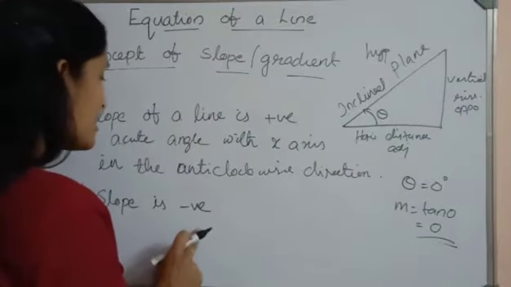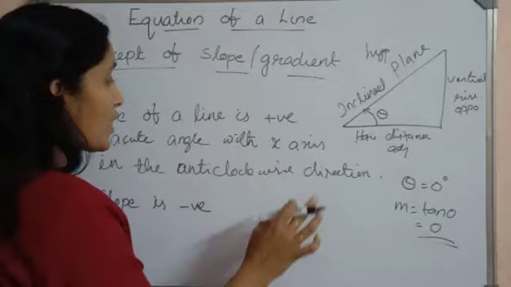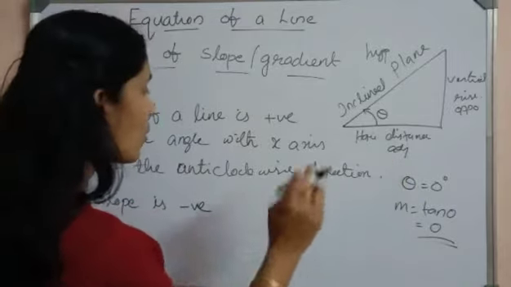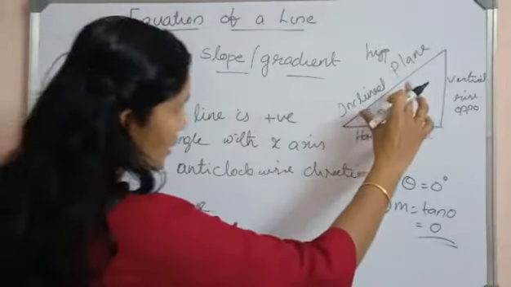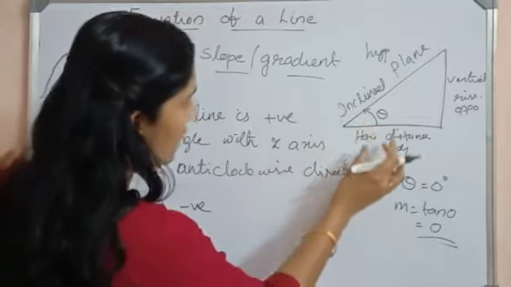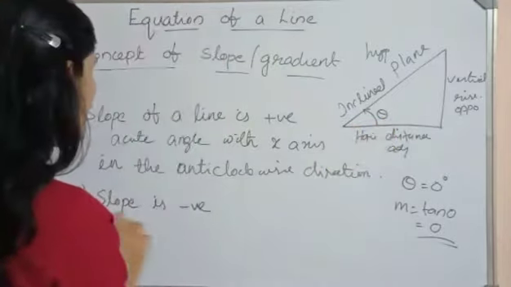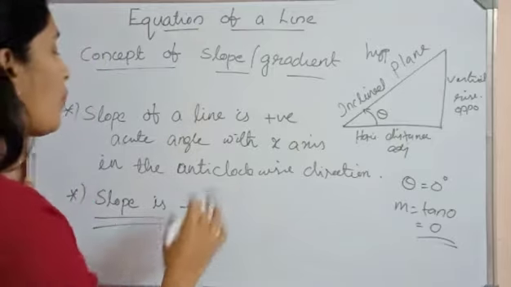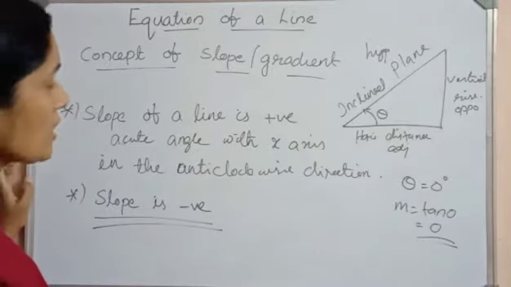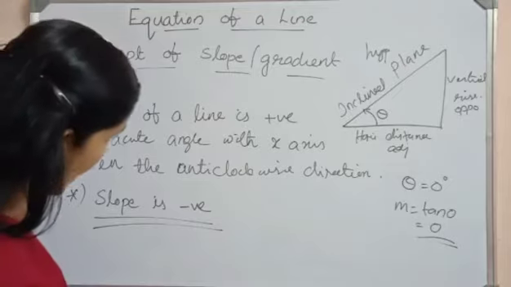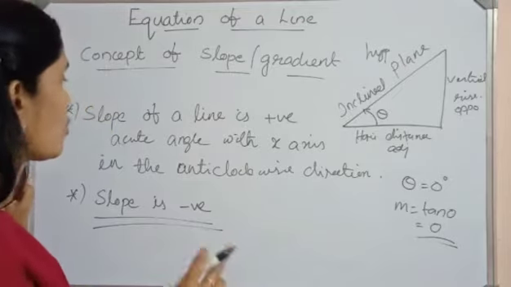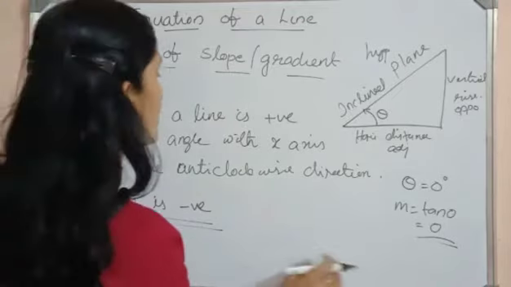And the slope is negative when it makes an acute angle with the x-axis in the clockwise direction. When the inclined plane makes an acute angle with the x-axis in the clockwise direction, then the slope is negative. These are the 4 points you need to remember. The first point was the slope of the x-axis is 0 and the slope of the y-axis is not defined.